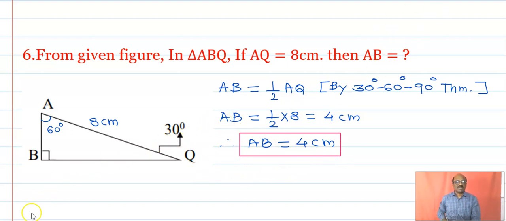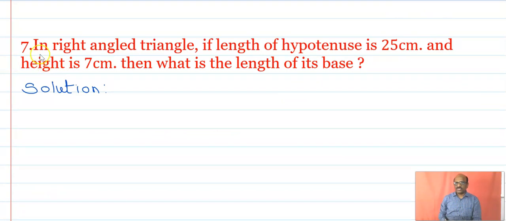Now we take the next question. In a right angle triangle, if length of hypotenuse is 25 centimeter and height is 7 centimeter, then what is the length of its base? Then we will have here the right angle triangle.